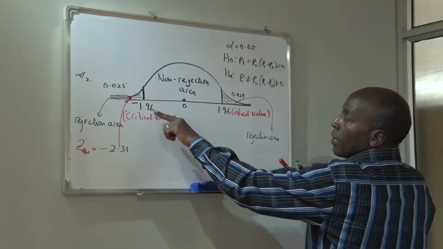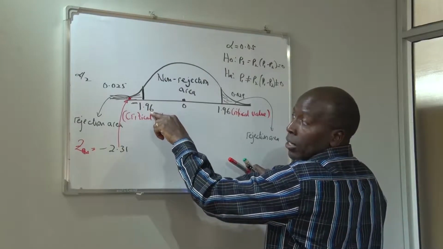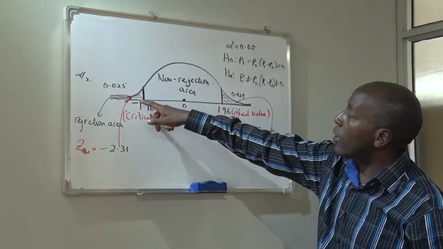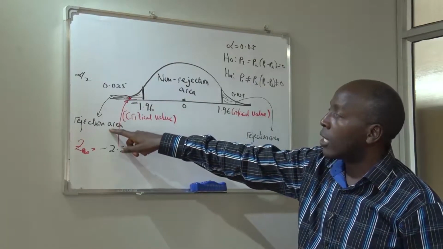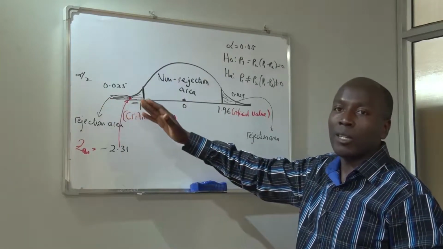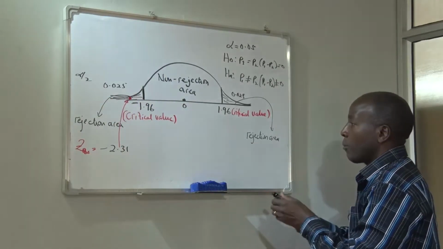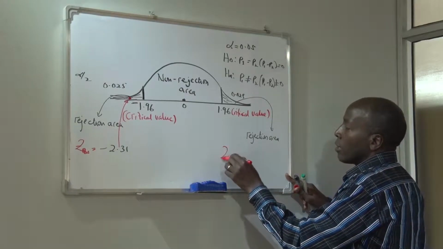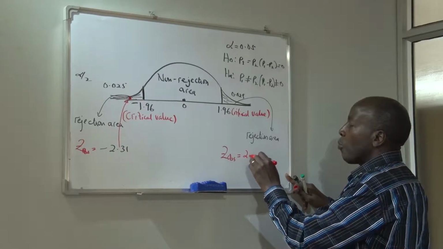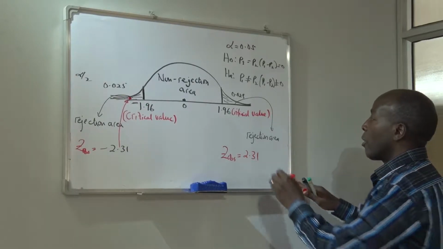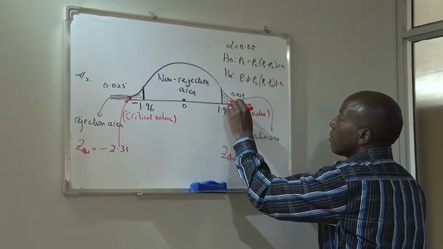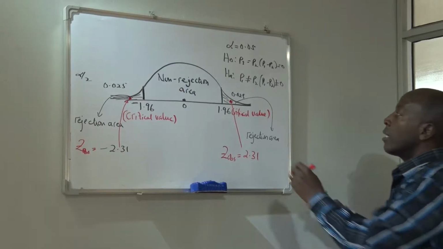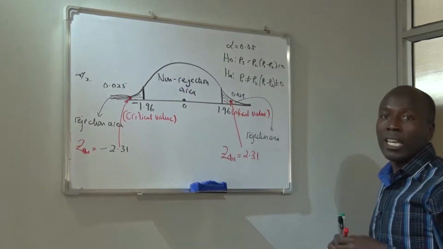Given that it is less than minus 1.96, remember it is more negative so it is less, once we place our value here, it falls in the rejection area on the lower side. If the observed Z had been the positive 2.31, again it would have been on the upper side, and again this would be in the rejection area.